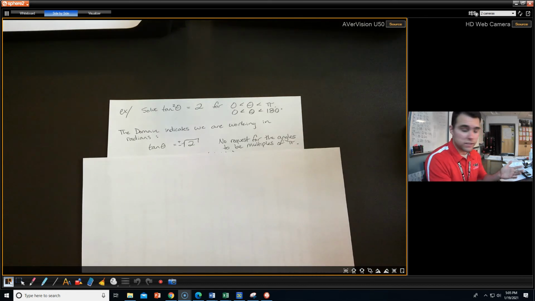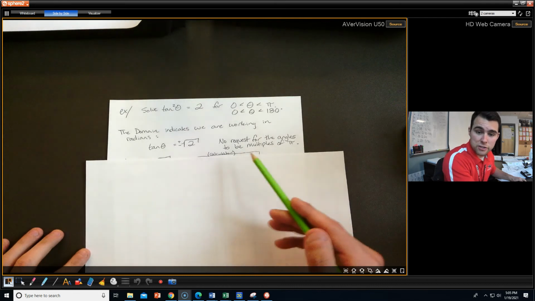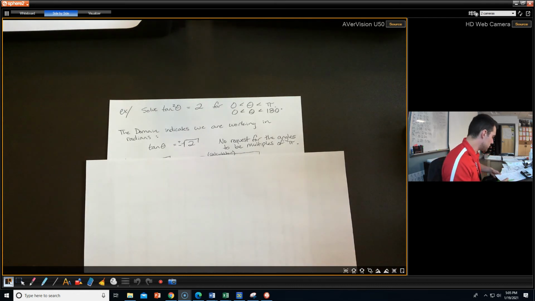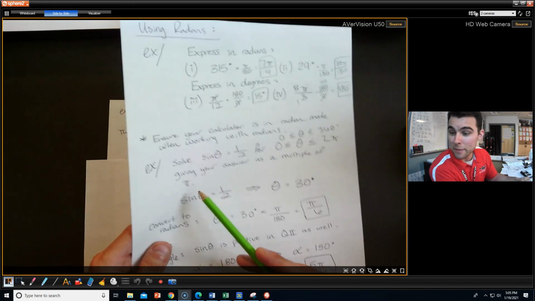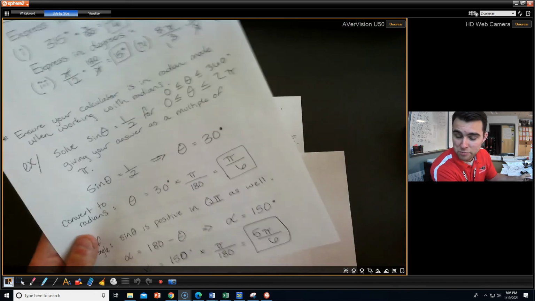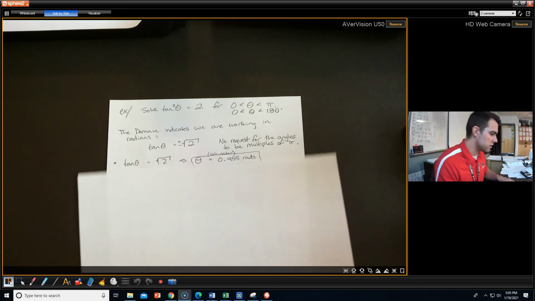So let's go ahead, let's solve this guy. I have to square root both sides, so I get a plus or minus square root 2. There was also no request for the angles to be multiples of pi, like this one. So that means whatever I get in my calculator, that weird decimal, I'm allowed to put that if I do the arctangent of square root of 2, or the arctangent of negative square root of 2, okay?